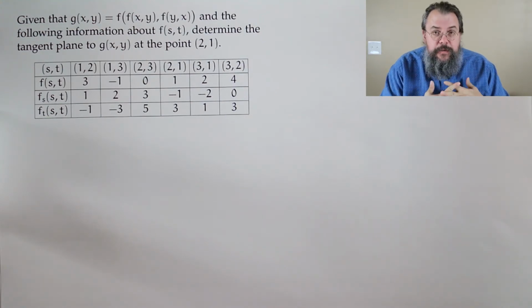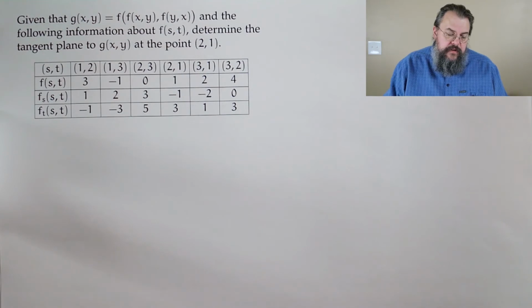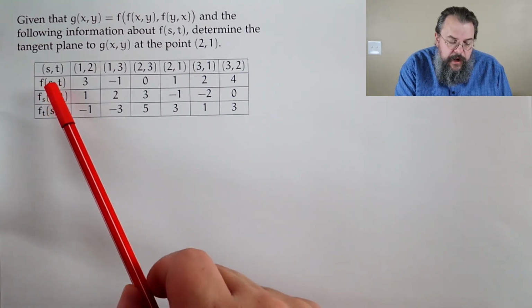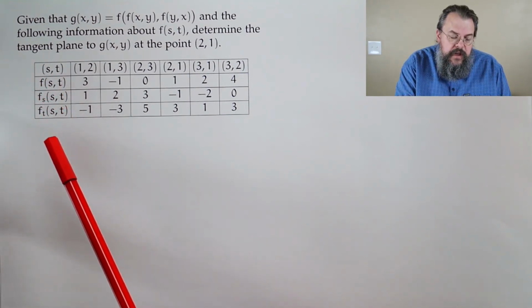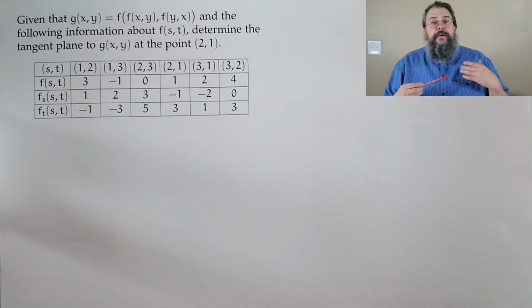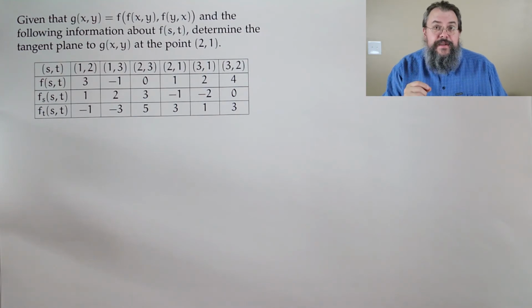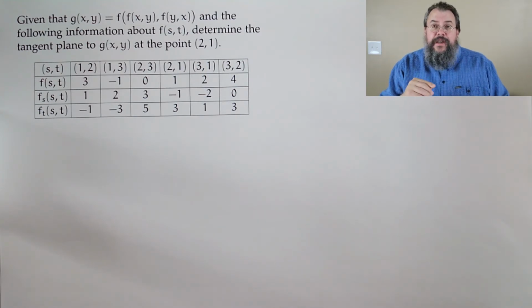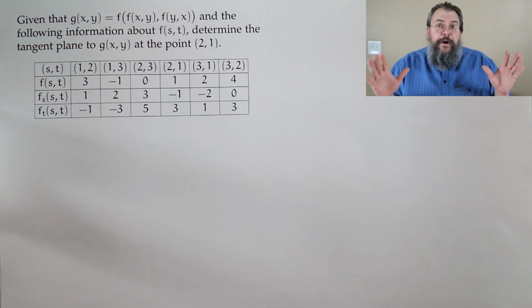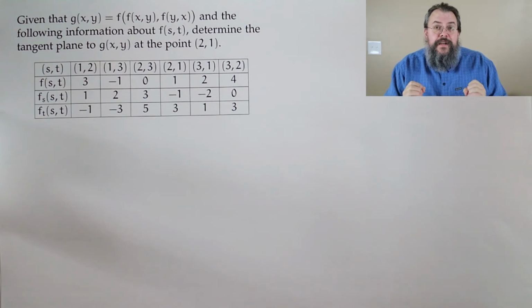You'll see it here with the notation that we have. Notice we don't use x and y, we just say s and t. And we say f sub s, f sub t. And I really want to point something out here, because if you can capture this with the notation, then everything else that we're going to do, you're going to say, okay, I'll buy into it. And if you can't capture it, you're going to be a little bit lost.